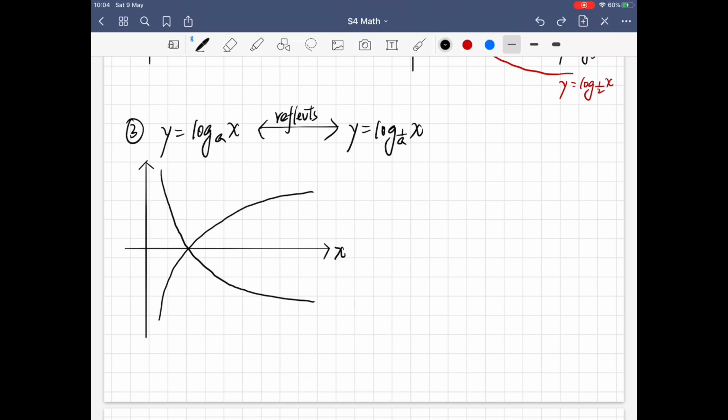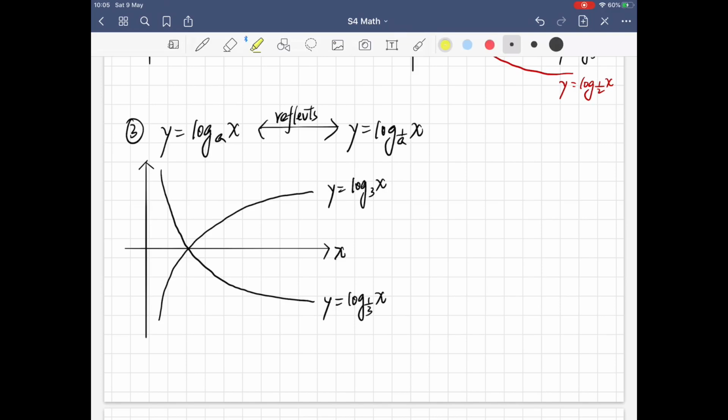The third thing I want to remind you is the reflection between y equals log x with base a and y equals log x with base 1 over a. They reflect each other, so you can take a look at the graph. If one of the graphs is y equals log x with base 3, then its reflection is y equals log x with base 1 over 3.